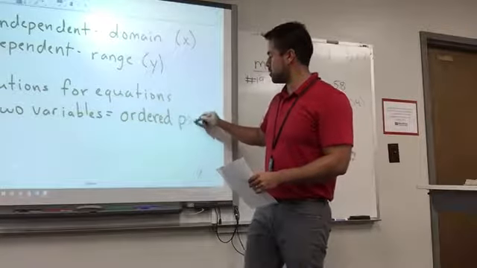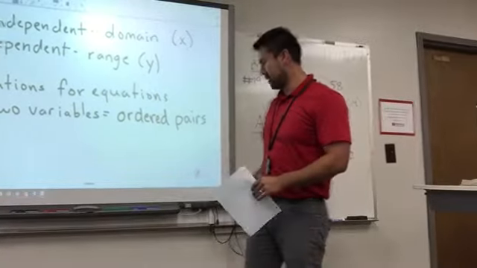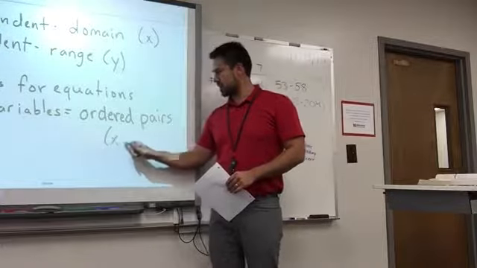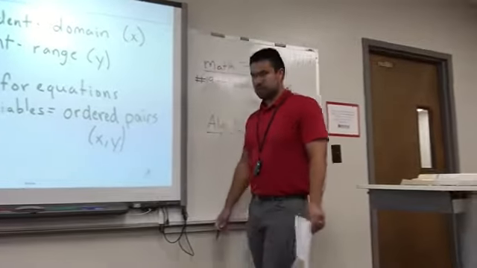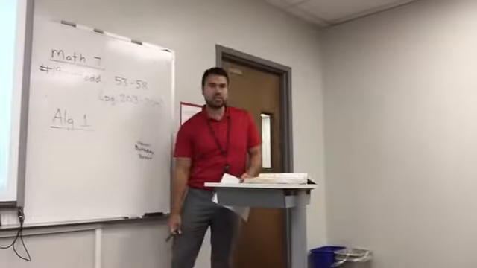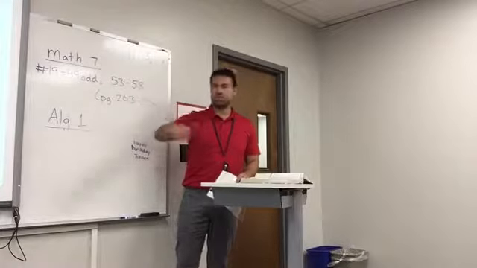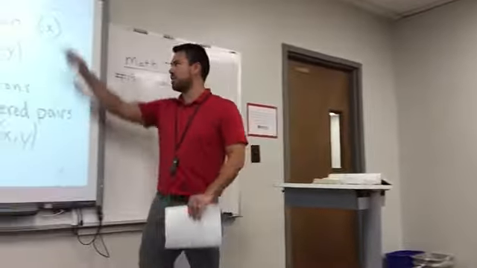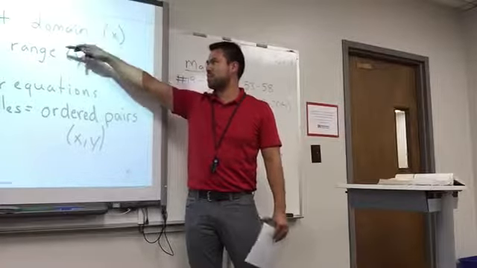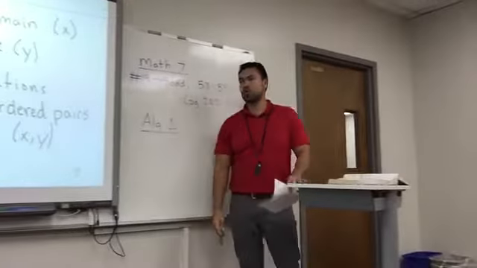Ordered pairs. And you're like, what's an ordered pair? It's your x comma y. It's your coordinates there, x and y coordinates, or a and b coordinates, or g and h, whatever variables they give you. If you know the independent is your domain, dependent range, you're going to get an ordered pair.